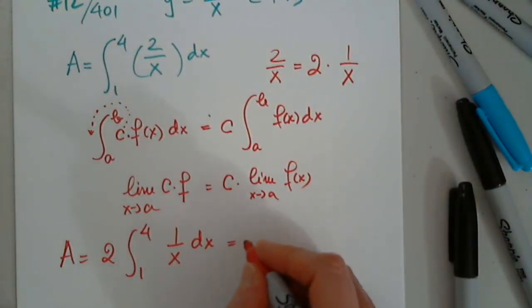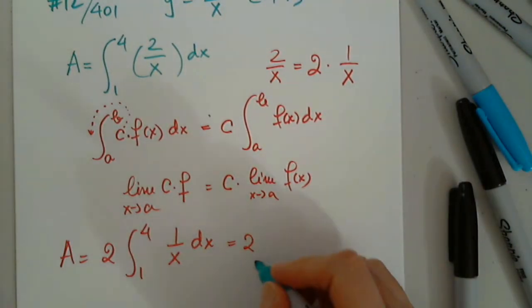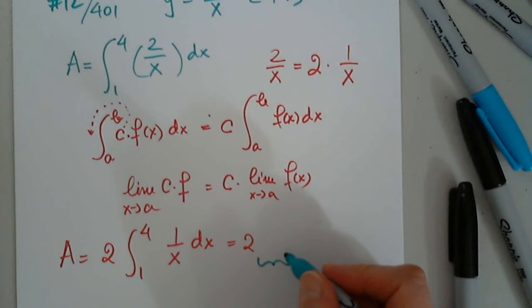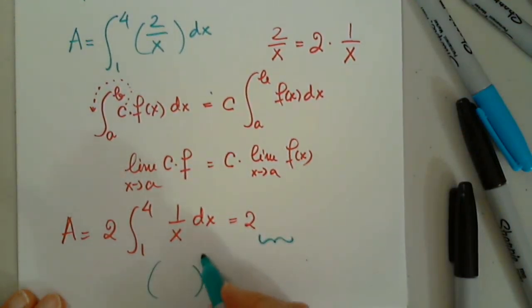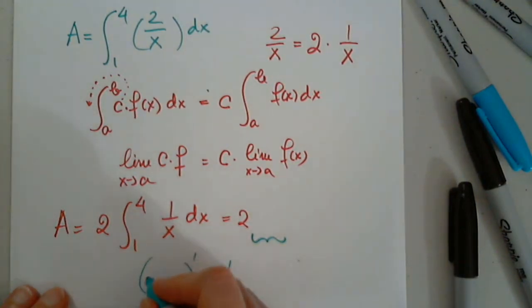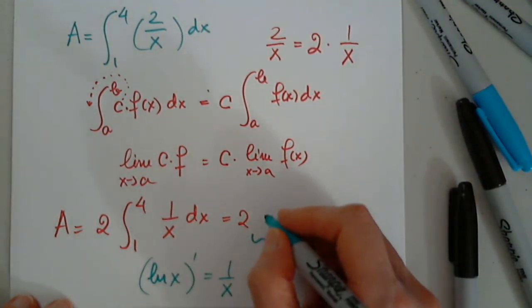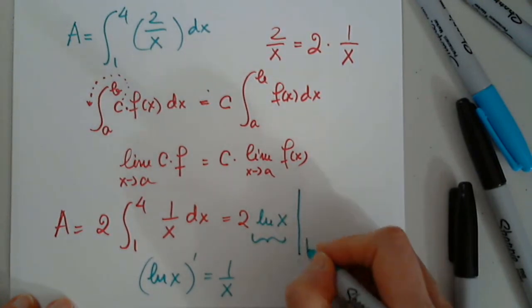So I copy 2, but now I have to ask myself, what function prime is 1 over x? Anyone remembers that? Perfect, excellent, thank you very much, indeed. So then this is natural log x, and it has to be evaluated from 1 to 4.